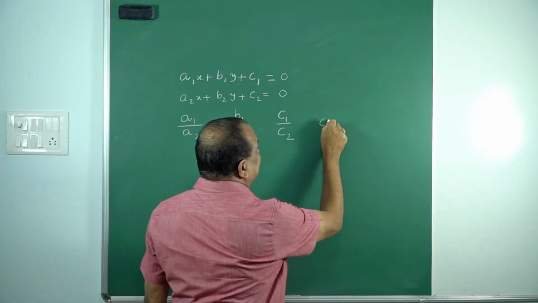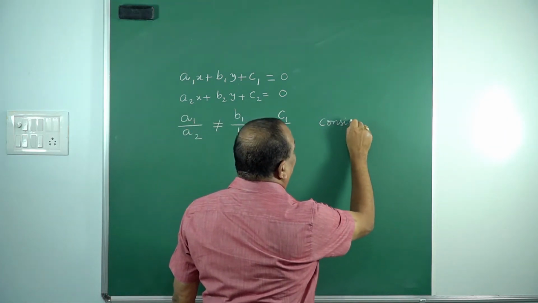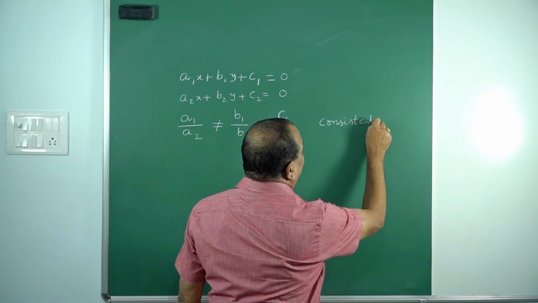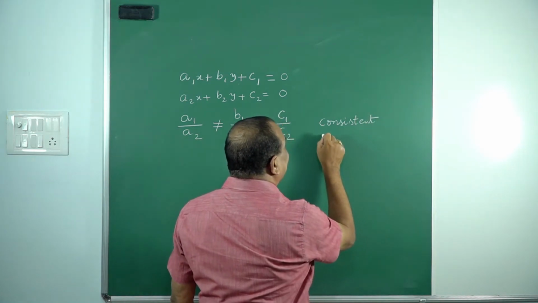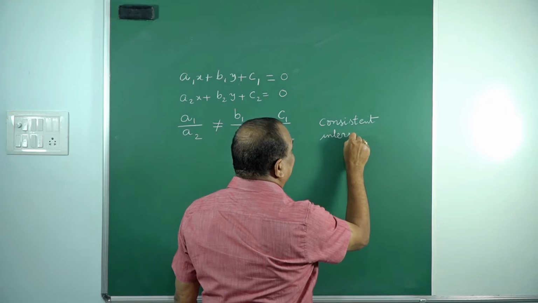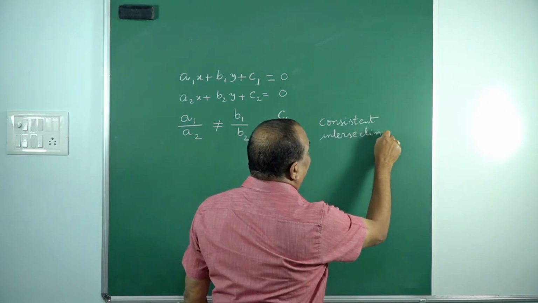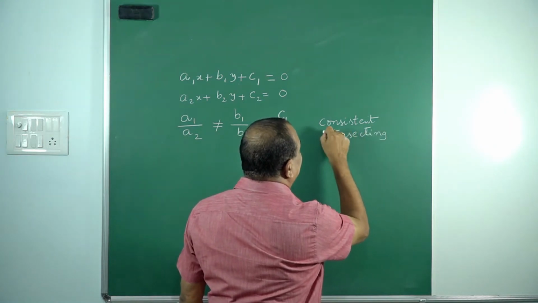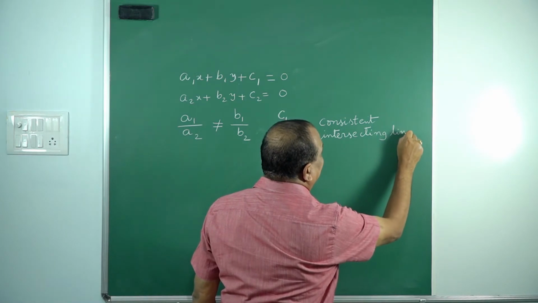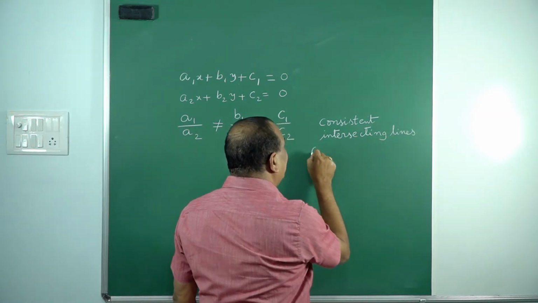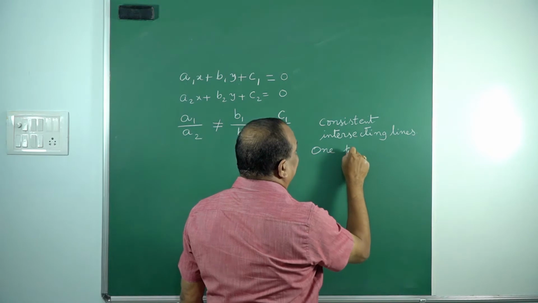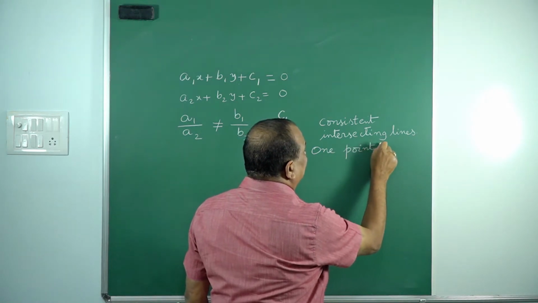The system is consistent and you are going to get intersecting lines. And when the lines are intersecting, there is only one point of intersection.